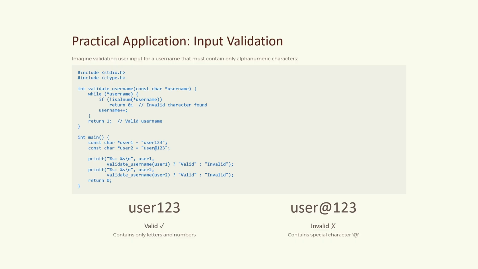For example, user123 is valid because it contains only letters and digits. Whereas user@123 is going to be marked invalid because we have a special character, the at sign. This approach improves data integrity and helps prevent invalid or unsafe input, which is an important concept in secure programming.